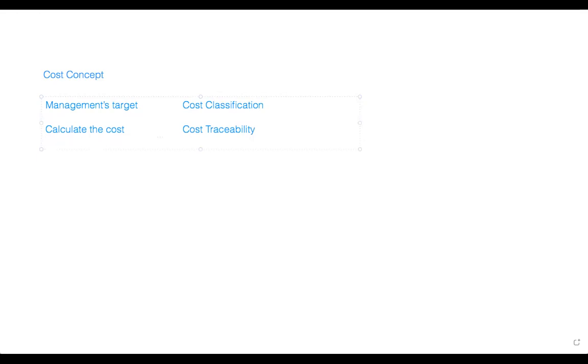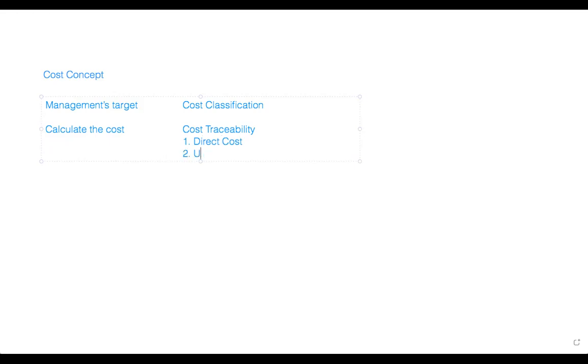So what sort of thing do we put under cost traceability? If we hear the word traceability or tracing, it is actually something that we can trust. I mean, what sort of cost will be applied to the product. So what is the classification based on cost traceability? The first one is direct cost, and the second one is indirect cost.